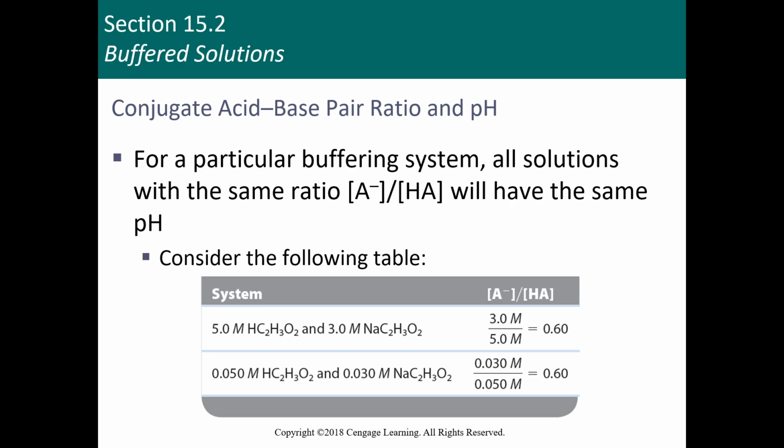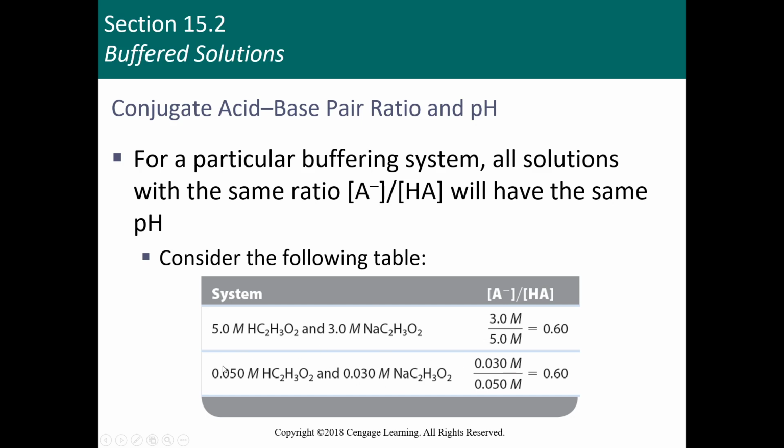All right, so for a particular buffering system, all the solutions with the same ratio of A minus to HA will have the exact same pH. So for example, right here we have a 5 molarity of the acetic acid, and 3 molarity of the acetate anion. And so we would get a pH for this that would be based on this 0.6 ratio.